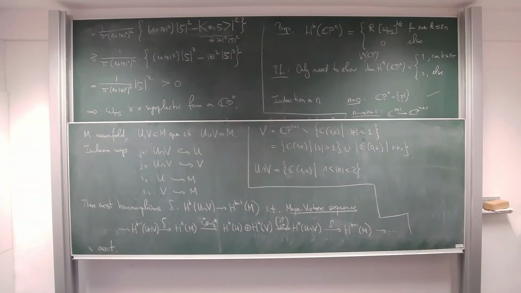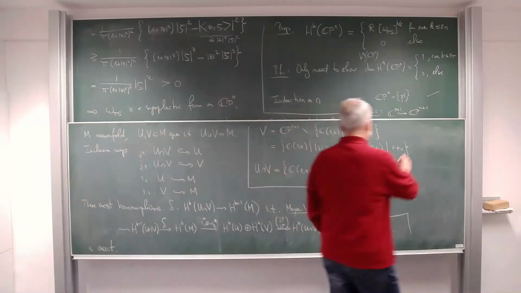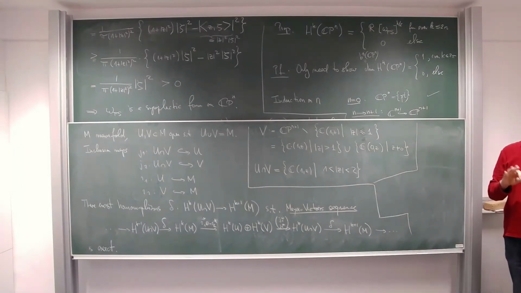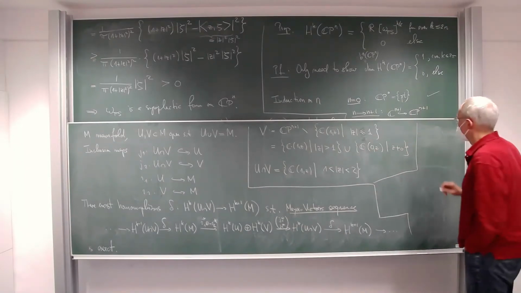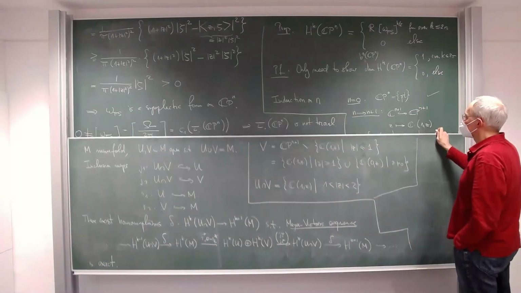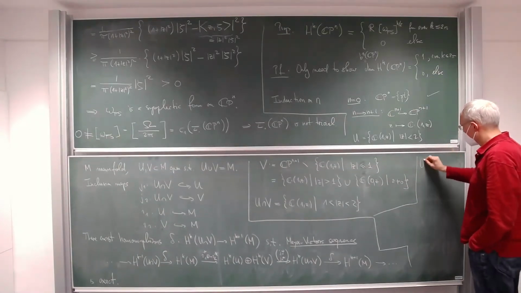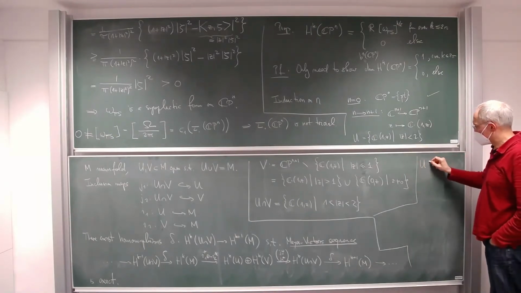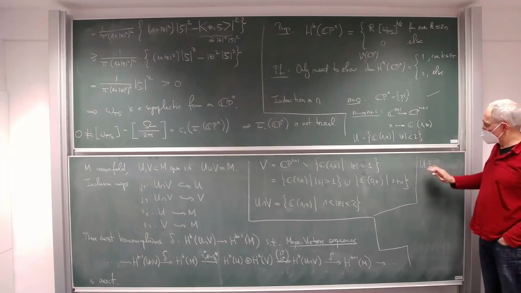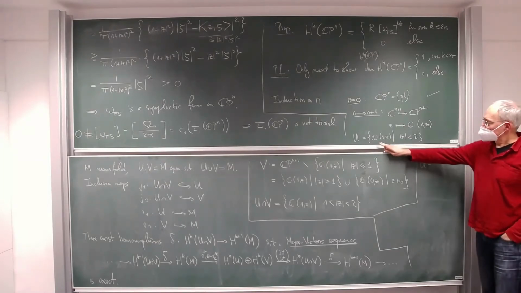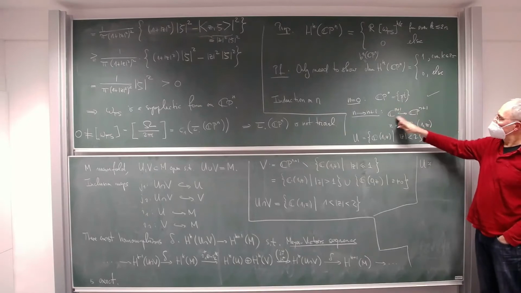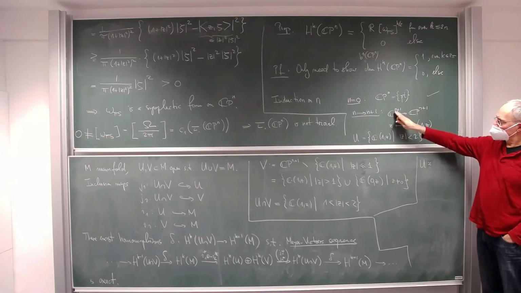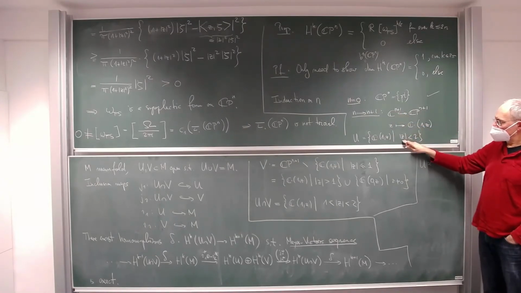Right. Good. And I claim that we know the cohomologies of u, v, and also its intersection. Why? So first of all, u. The set u is diffeomorphic, under this chart map, completely contained in this chart. And under this chart map, it corresponds to those vectors which have norm at most 2.